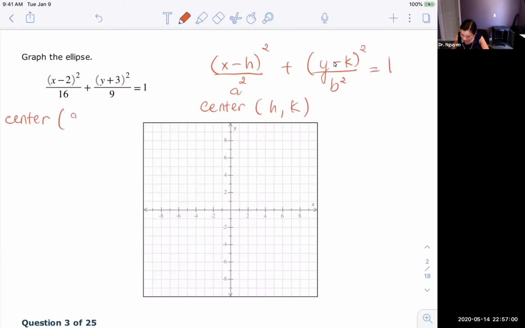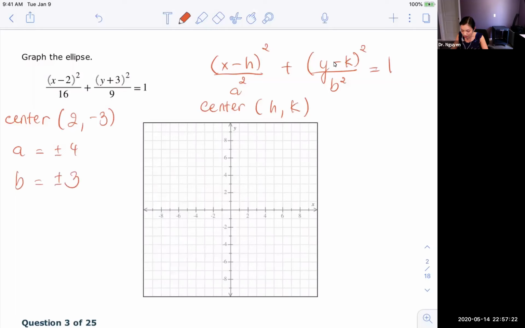The center is (2, -3). Okay, and the number that goes with X, you see 16 right there. Make sure you take the square root, right? So if I take the square root, I'm going to get plus and minus 4. For the other, I take the square root, I get plus and minus 3.